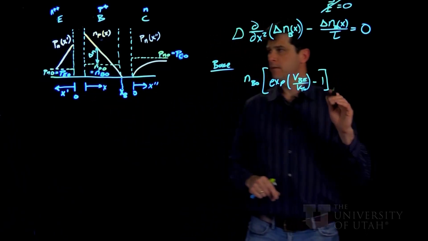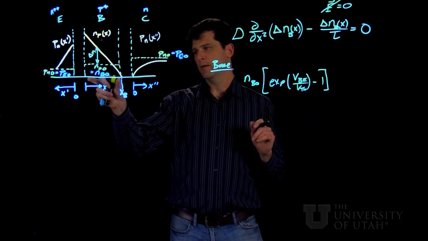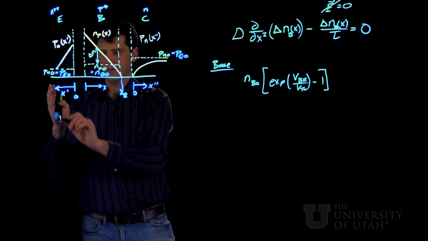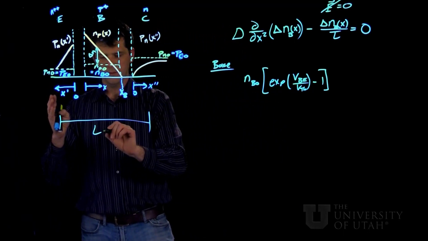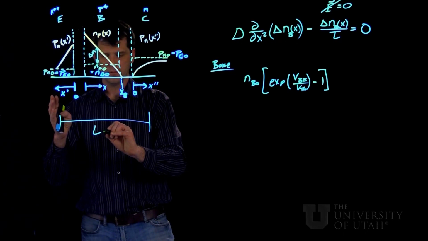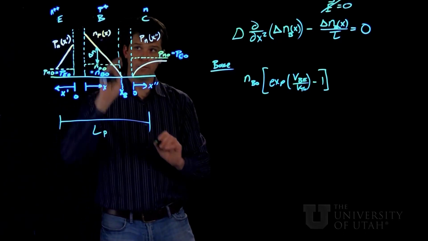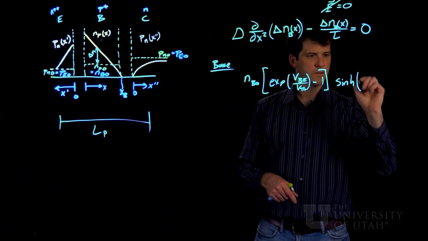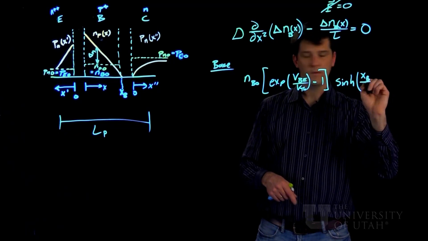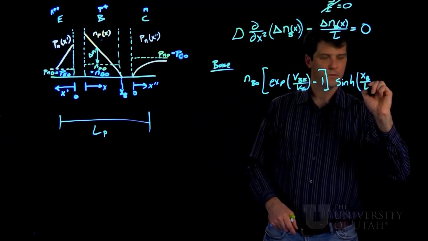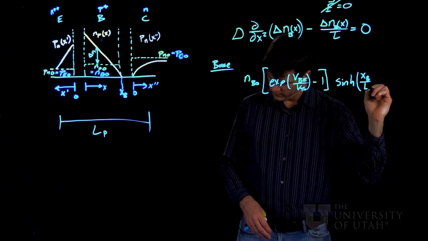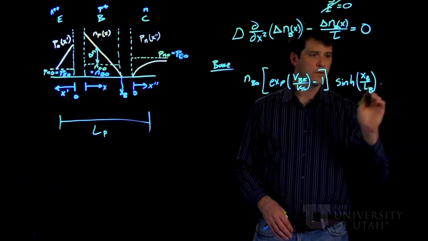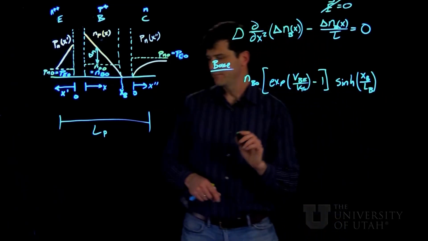Now we're going to have to hit this with a sinh function. Because we're dealing with a small region in comparison to the minority carrier diffusion length in the p-type material here, we end up having to have a sinh function of x_B, which is the total width of the base, over L. And we're going to use the subscript B here to say that it's the diffusion length in the base.